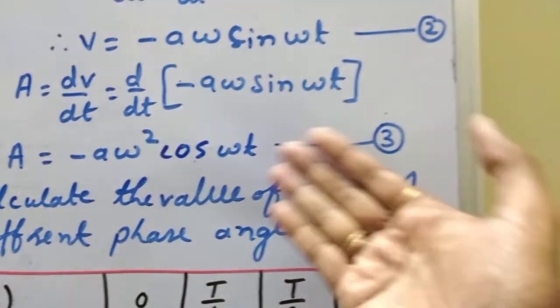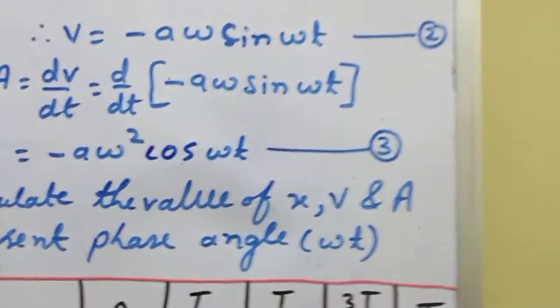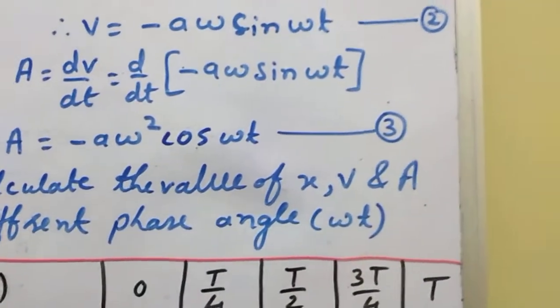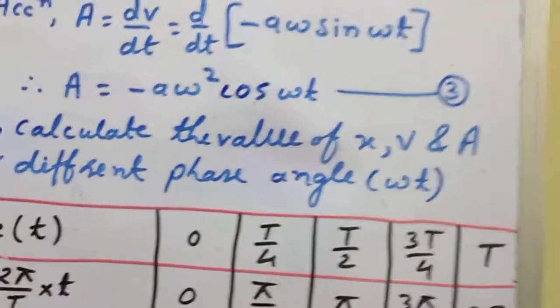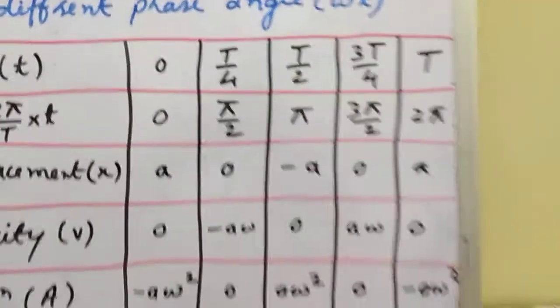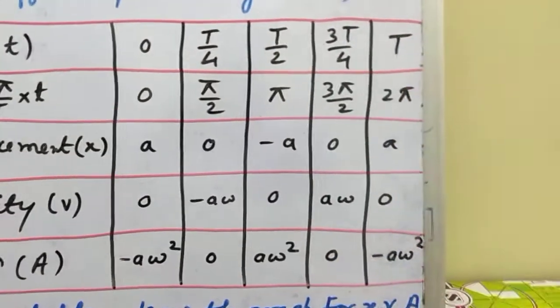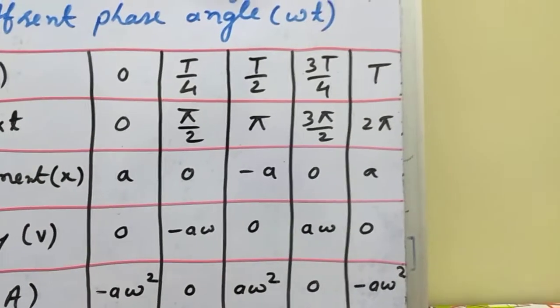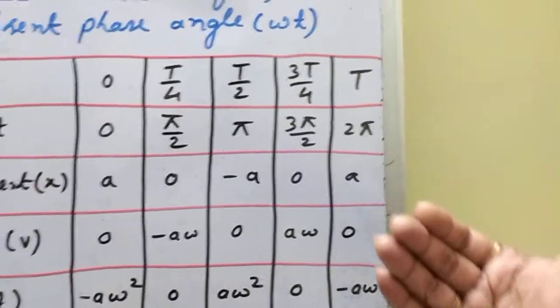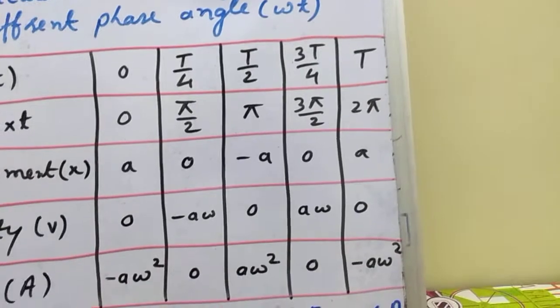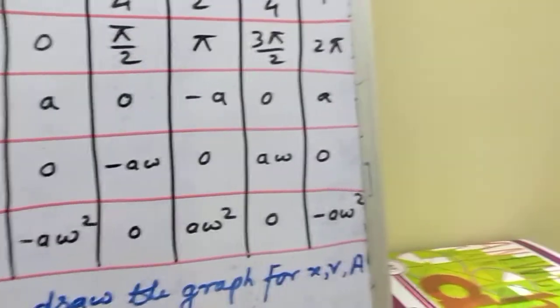Again, for the displacement, velocity and acceleration, the different values are calculated for different phase angles. The table is obtained in this way, and by using this table, the nature of the graph for displacement, velocity and acceleration is plotted.